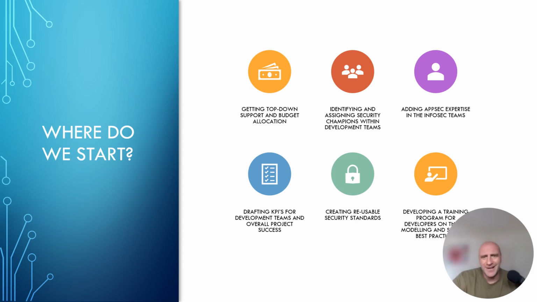Now, thirdly, another very important part of the program, we need to add AppSec expertise in our information security teams. And I always follow this framework, and I think it works really well, because of the way we do application review, and I will cover that in the next slides. We create a framework where three development teams have one assigned AppSec engineer or DevSecOps engineer, however we call that position in our InfoSec team.